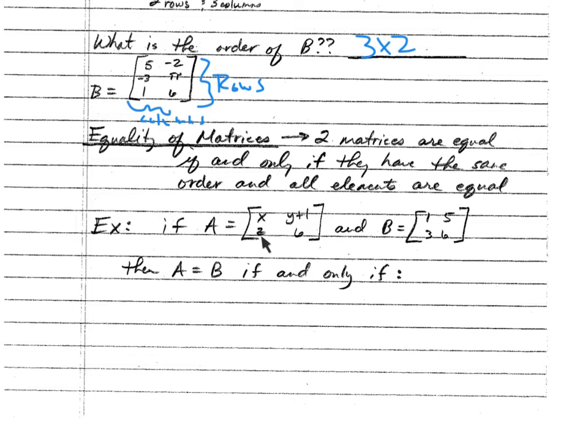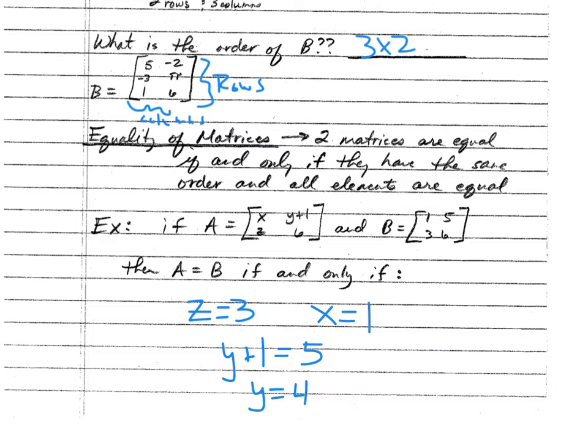What would Z have to be? Z would have to be 3. Numbers in the same position have to be exactly the same. So X would be 1. And then Y plus 1 would have to be 5, which means Y would be 4.